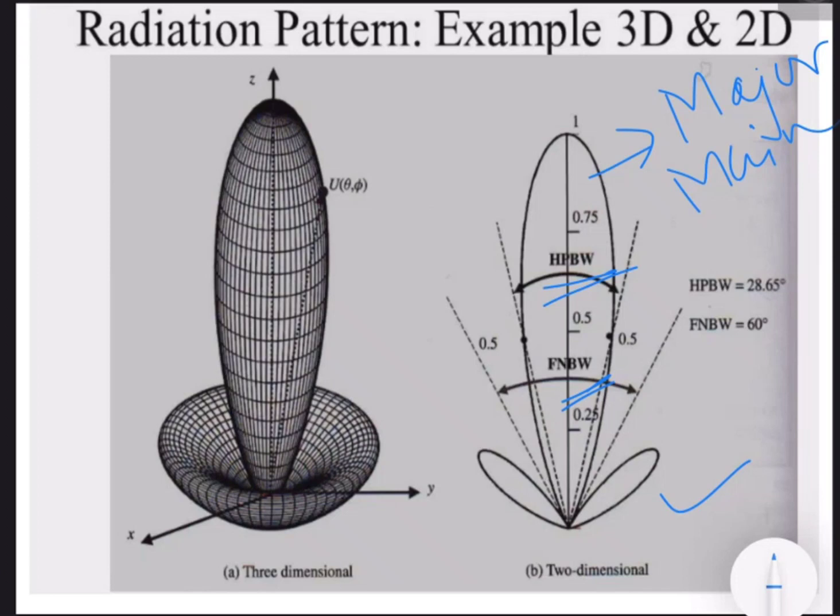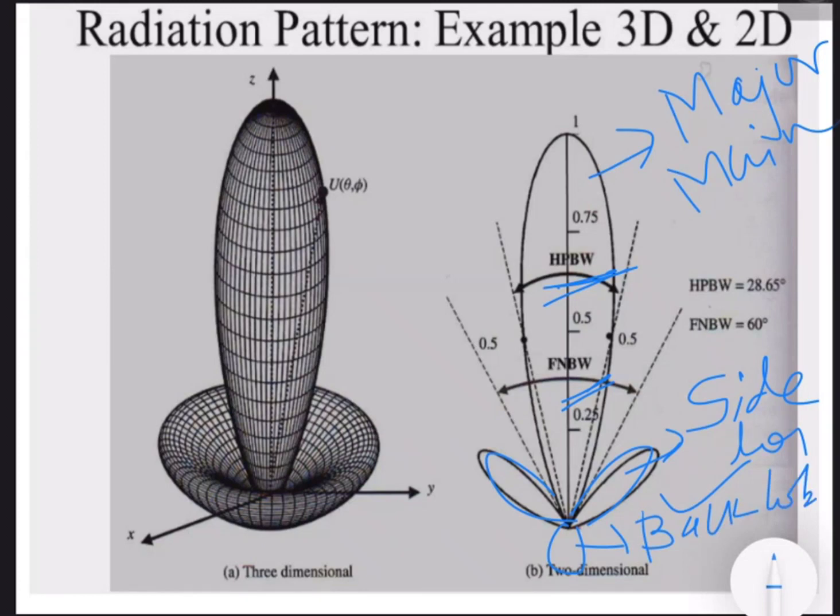FNBW stands for first null beam width and HPBW stands for half power beam width. That is the major lobe, and this lobe is what we call the side lobe, and there will be one more lobe which is called the back lobe.